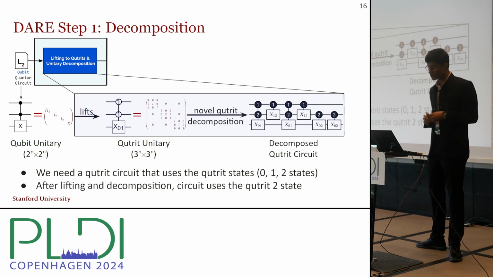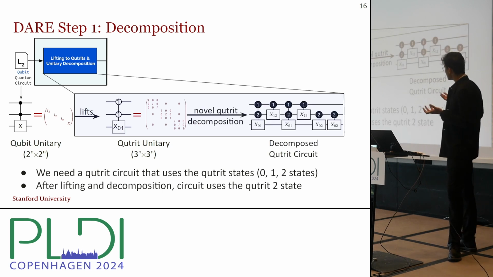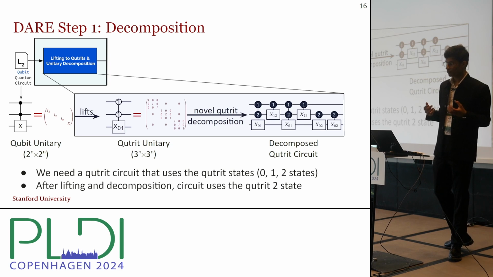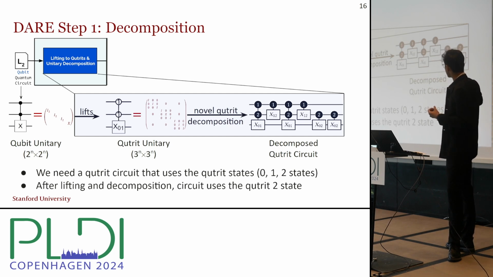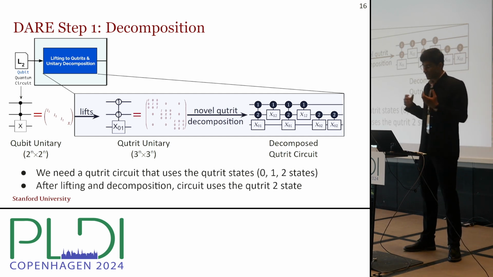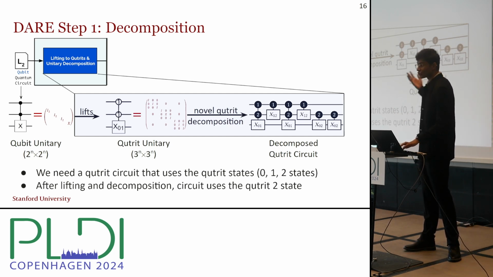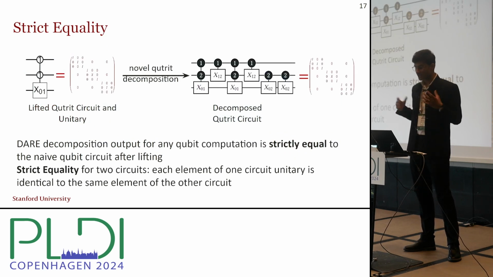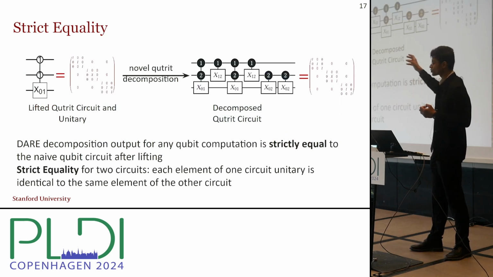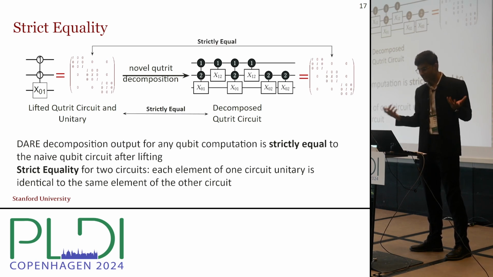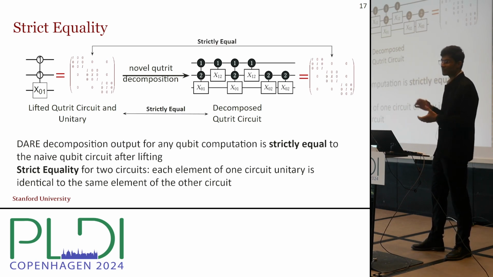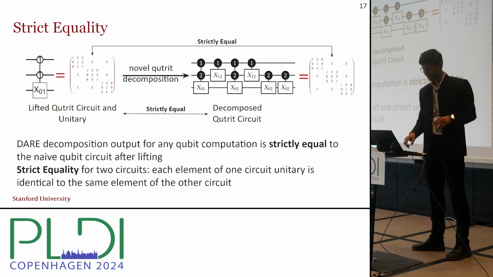Next, we decompose this unitary using our own novel extension to quantum Shannon decomposition, which uses cosine sine decomposition under the hood to break this matrix down to build a circuit that uses the 2 state. This circuit now uses all 3 qutrit states, and this circuit is also strictly equal to the original lifted qutrit circuit. By strict equality, we just mean that the unitaries applied by these circuits are exactly identical.